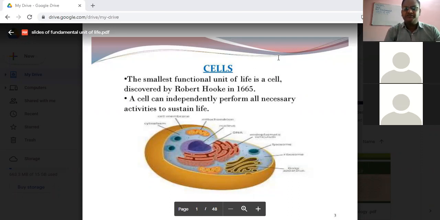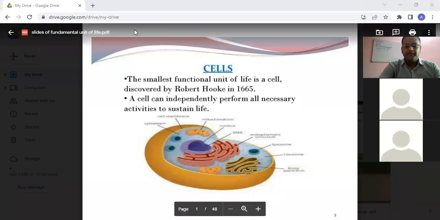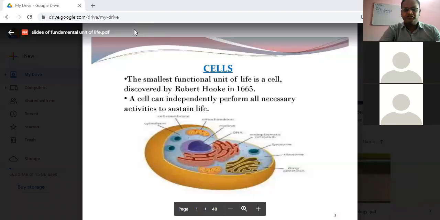And as we discussed during the offline class, atoms combine to give molecules, molecules combine to give cells, cells combine to become tissue, tissue combines to become organ, organs combine to become organ system, and organ systems combine to become an organism.